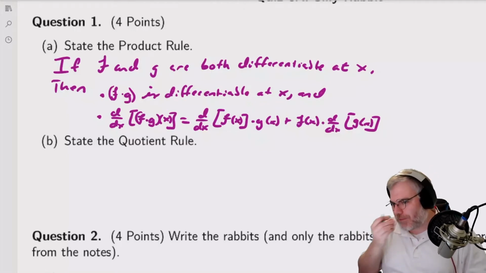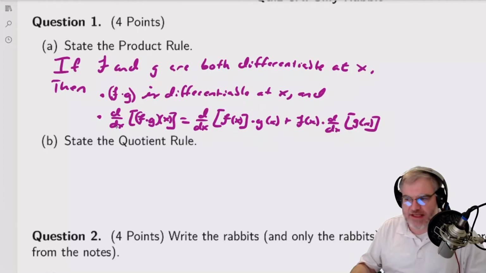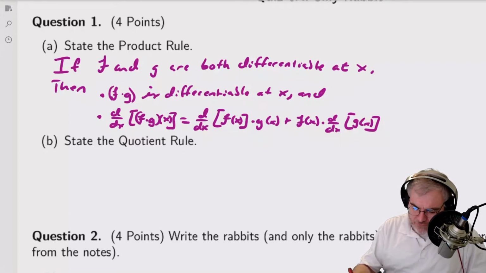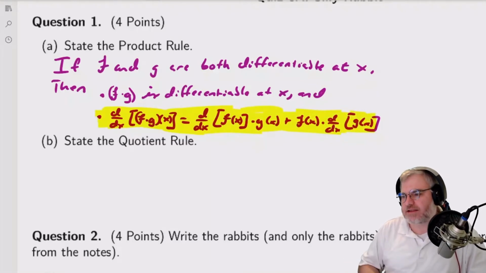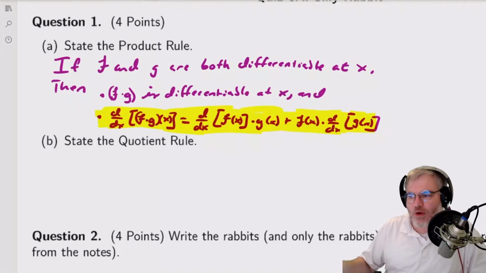Not all. When people say state the product rule, this bottom part is what they usually mean. If you don't do the rest of it, I'm fine with that, with the caveat that I don't know exactly how it'll be done, and it may change. It probably won't. We've usually settled on this as the final answer, but the whole theorem is there.